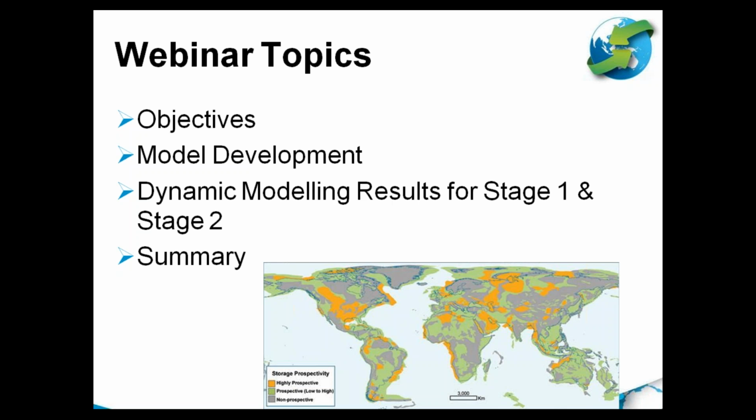You will notice the map in the bottom right, which just highlights the distribution of deep saline formations, which are prime targets if we are serious about large-scale CO2 injection. The orange areas being those prospective formations, which, as you can see, are distributed fairly broadly, both on and offshore.